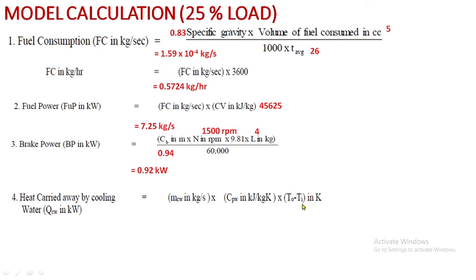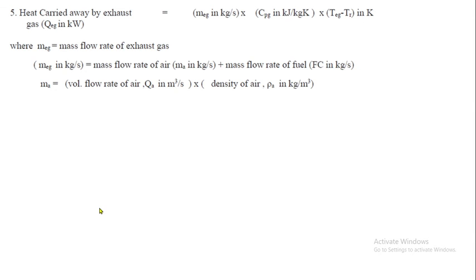It has to be substituted in Kelvin. The mass flow rate can be taken from the tabulation, and Cp of water is a standard value that we wrote in the observation. All the values are known to us, so you can calculate the heat carried away by the cooling water.